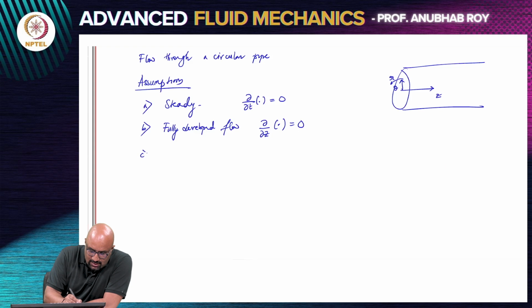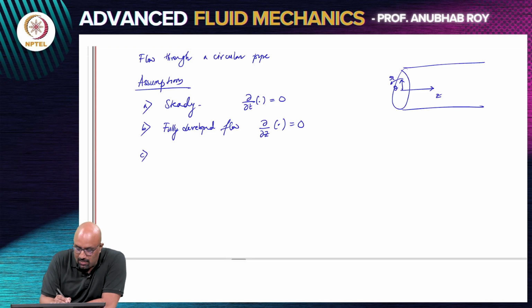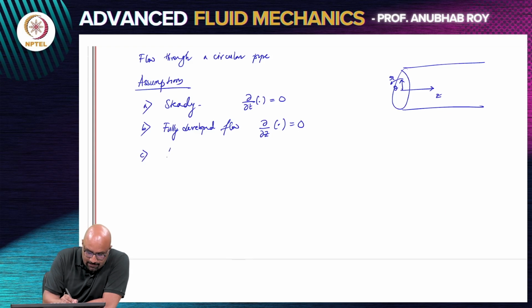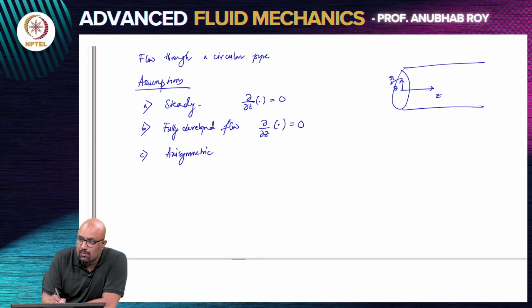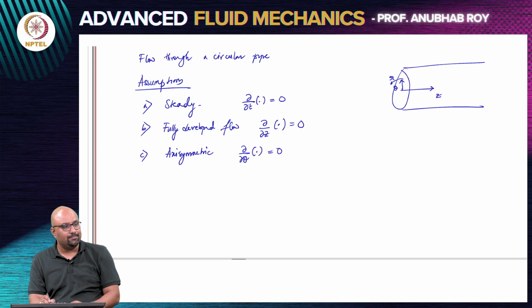We will also make an assumption here, which is a reasonable assumption, that we are going to look at the problem where the flow is axisymmetric, which means all my quantities that I am looking at do not have any angular dependence. So, we are looking at an axisymmetric flow that is fully developed and steady.